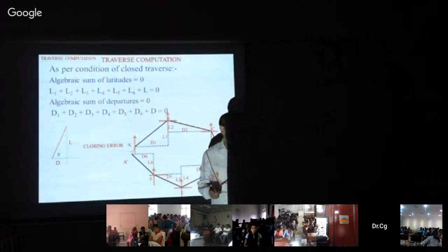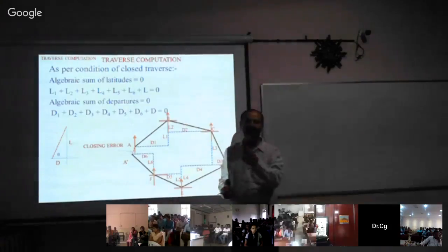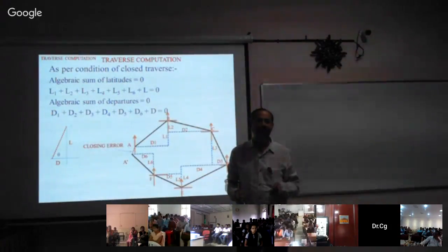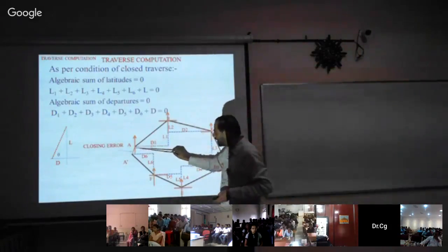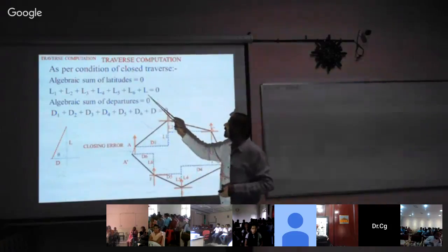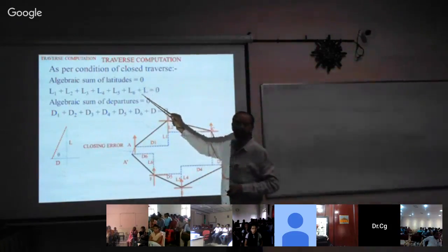According to the conditions of our closed traverse, sigma L must be equal to 0, and sigma D must be equal to 0. The algebraic sum of all the latitudes must be equal to 0, and the algebraic sum of all the departures must also be equal to 0. Right? Now there is an error. Therefore, this closing error line also has latitude and departure.